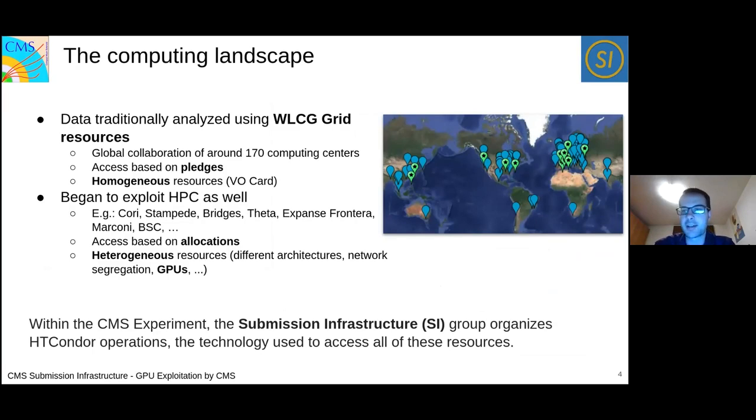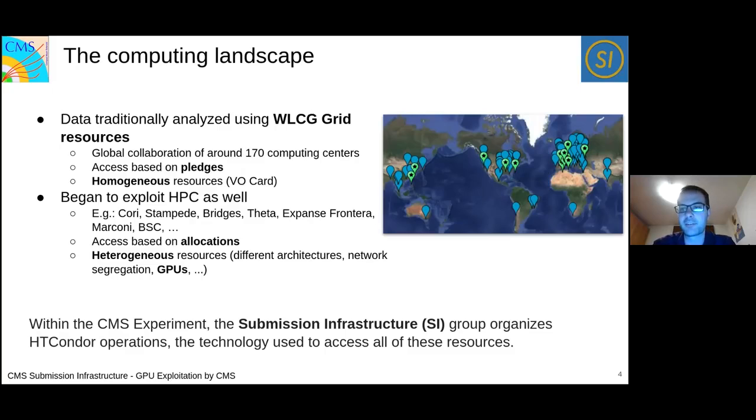Those resources we can consider are always there and always running, reserved for that experiment. And those are mostly homogeneous resources. There is a VO card, a set of requirements that sites need to fulfill. And we also began to exploit HPC resources recently.